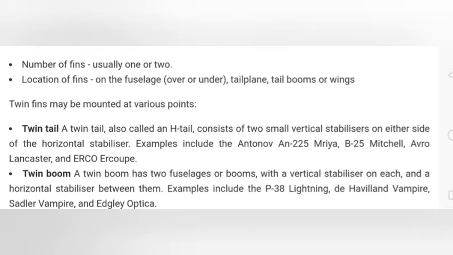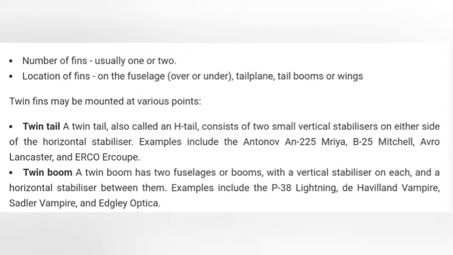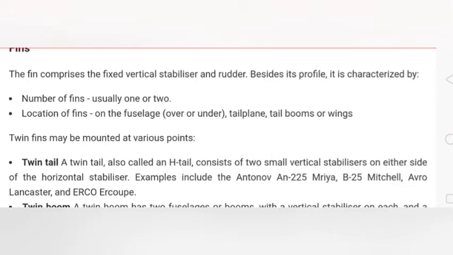Twin tail means the vertical stabilizer consists of two vertical stabilizers. H-tail looks like two small vertical stabilizers fixed on either side of the horizontal stabilizer. Fin means the fixed vertical stabilizer and rudder.